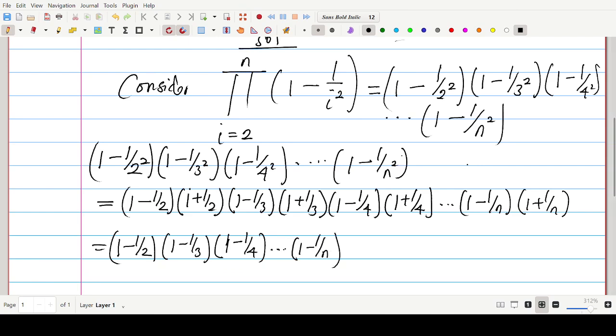All right, we have this as the first separation. The second separation will be 1 plus 1 over 2 multiplied by 1 plus 1 over 3 multiplied by 1 plus 1 over 4, and so on until you get to 1 plus 1 over n.